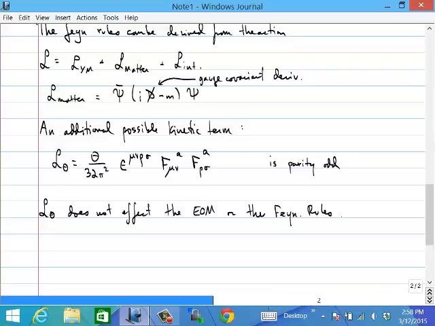In fact, it turns out that L theta is topological, in a way that I think I'll have you prove on the next problem set.